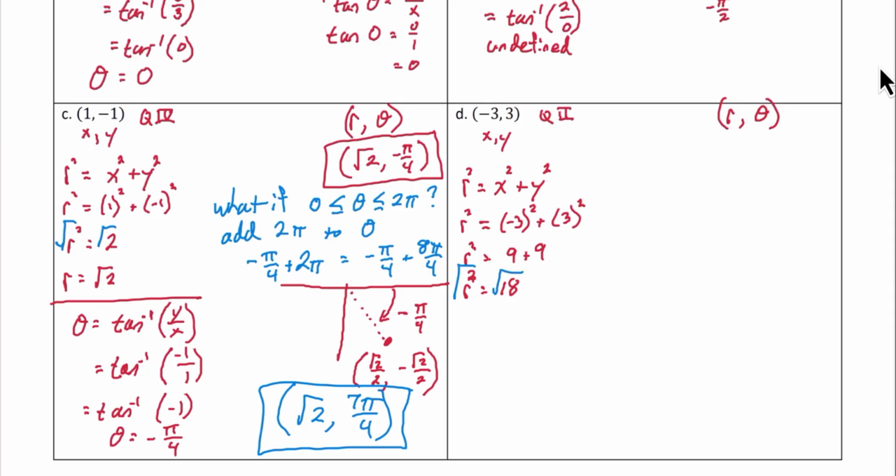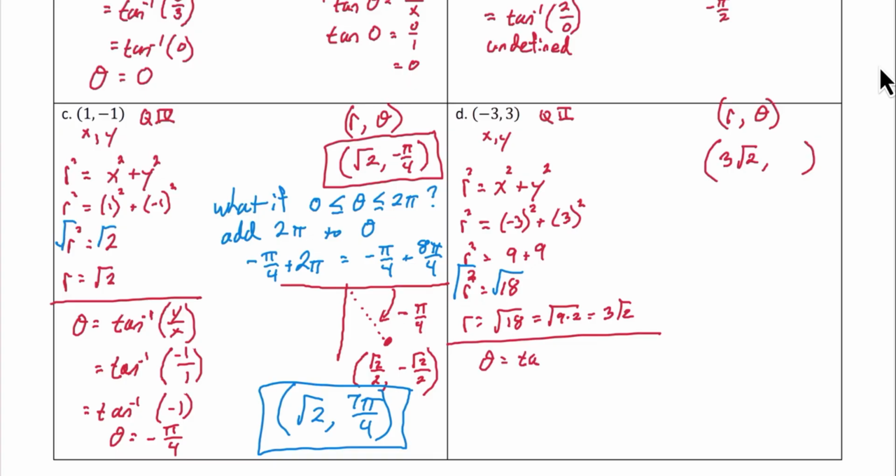And again, we'll get the positive version there, square root of 18, which we can simplify. Think of that as 9 times 2, which is 3 square roots of 2. So our r is 3 root 2. Let's now find theta. Theta is the inverse tangent of y divided by x.